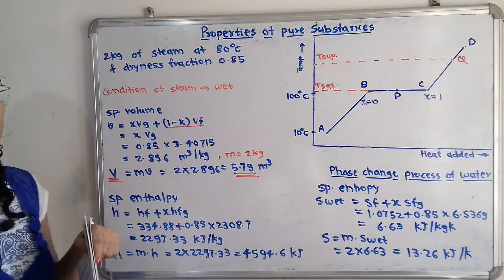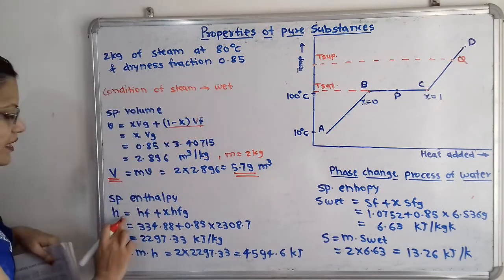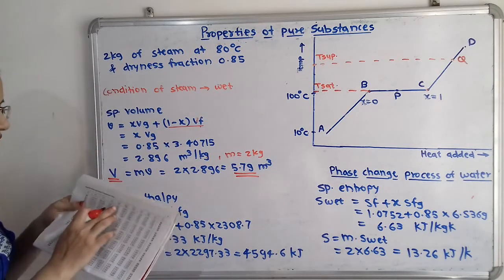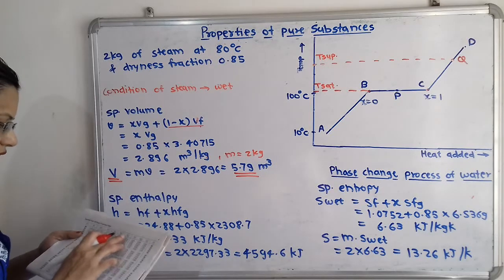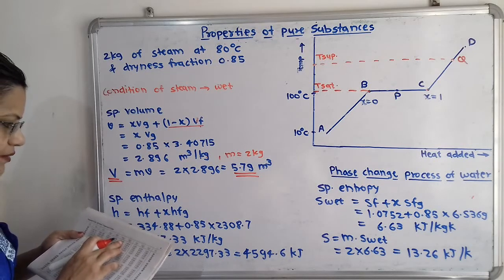Now we will move to the calculation of specific enthalpy. The formula for specific enthalpy of wet steam is h is equal to hf plus x into hfg. We take the value of hf, here given as 334.88, and hfg is also given, that is 2308.7.